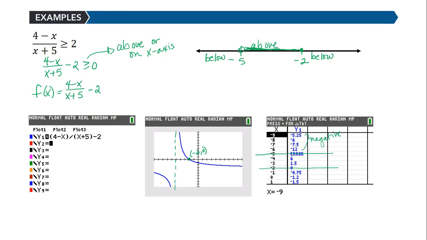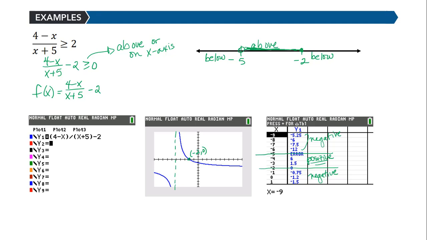So it is not positive in that particular interval. Between the -5 and -2, we see positive y values, right? So those are x values that have positive output values. And to the right of -2, we see negative y values again. So the only region that gave us positive y values was between the -5 and -2.